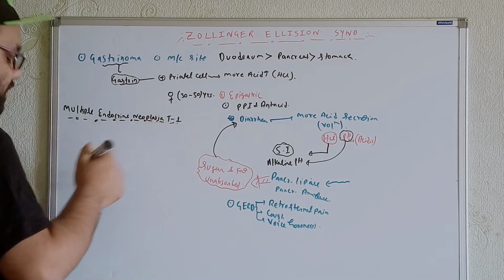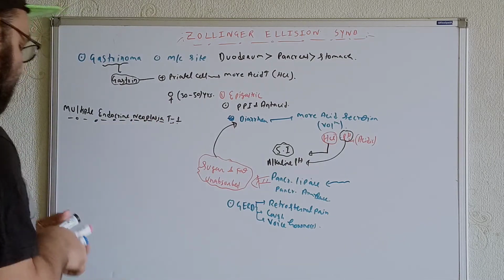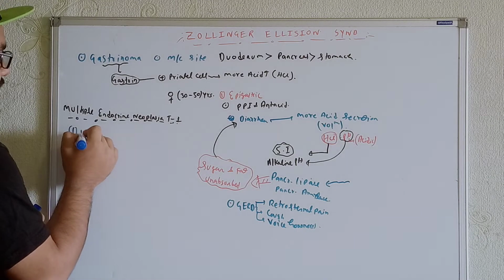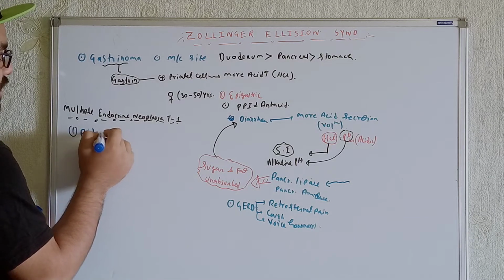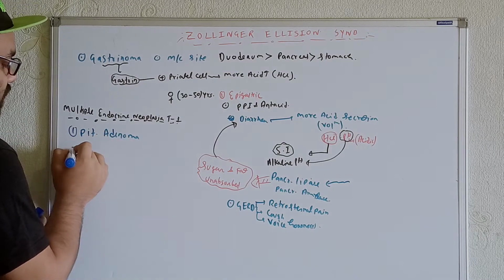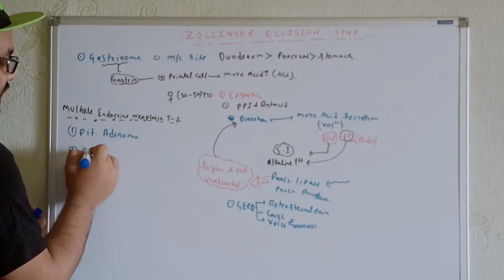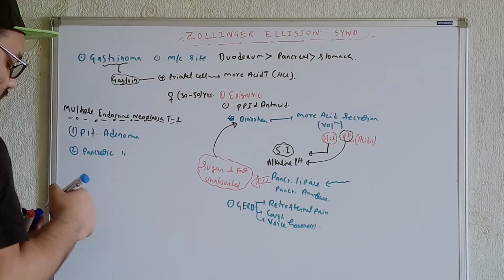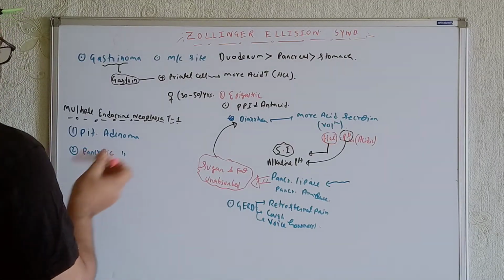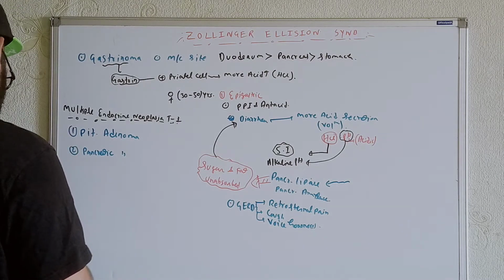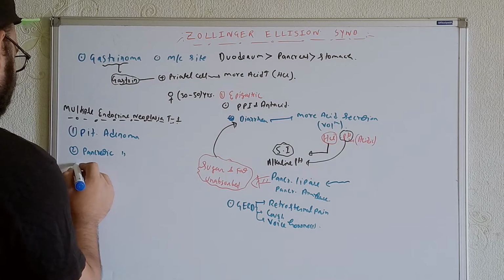We can see the development of this type of tumor also. First we get 3 tumors over here. We can get the pituitary tumor, that means the pituitary adenoma. We can get the pancreatic adenoma. Okay, so we'll get pituitary adenoma, pancreatic adenoma, and we can also get the parathyroid adenoma.